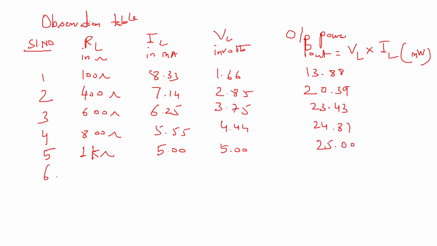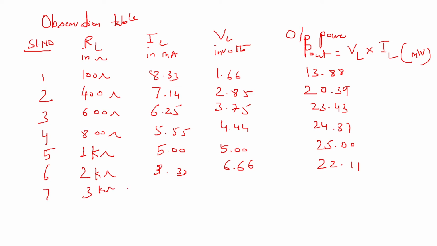Then for the sixth reading, you can go ahead after the matching of the load resistance, at 2 kilo ohms. In that case, you will get IL as 3.33, then voltage as 6.66, then the power will be 22.11. Then we can take the seventh reading as 3 kilo ohms.